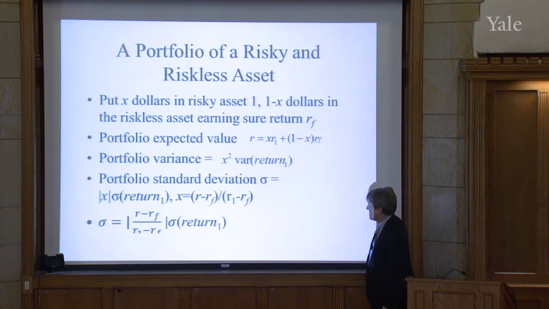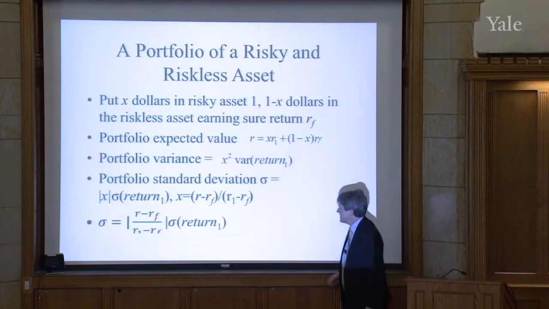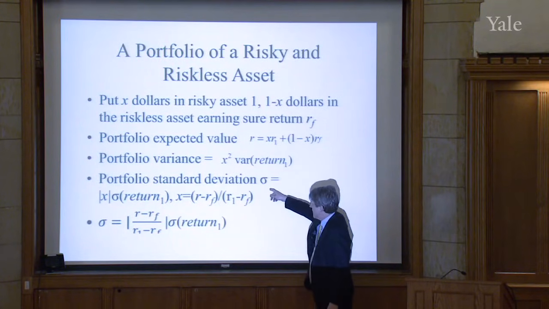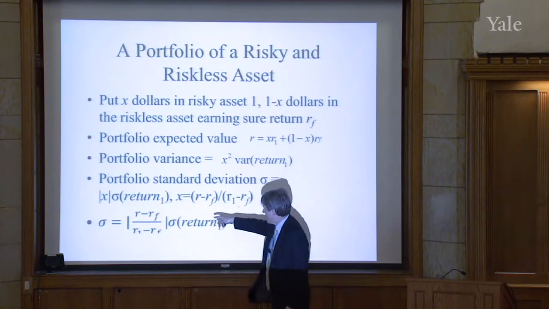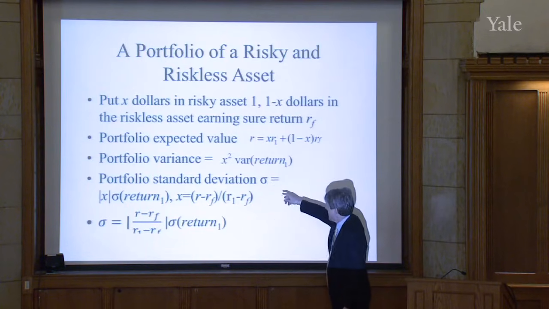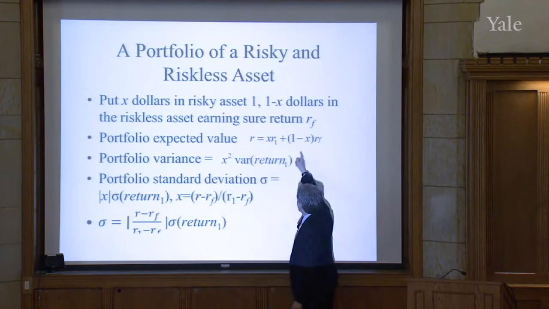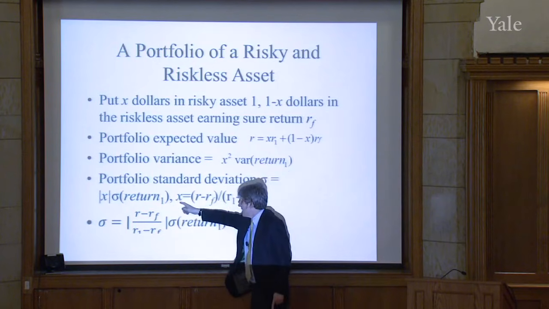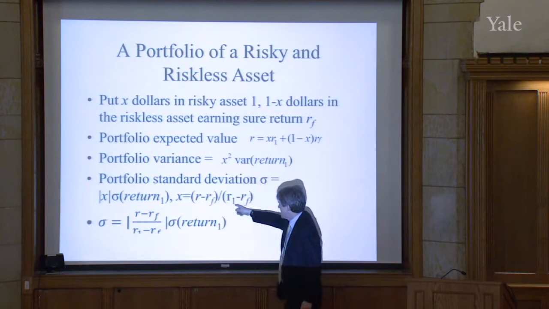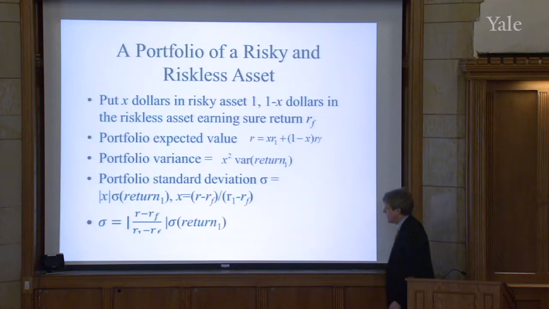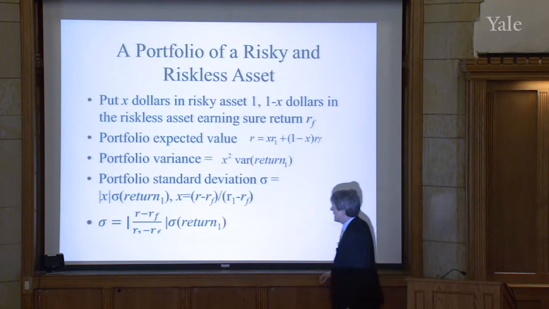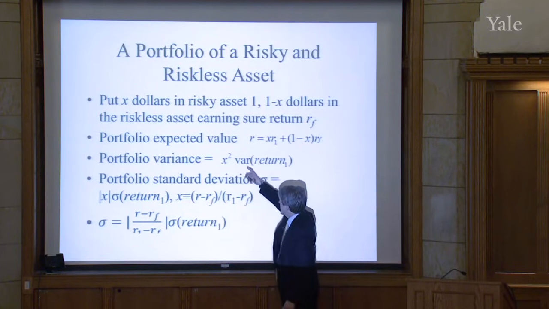And so if I want to write the portfolio standard deviation as a function of the expected return, I take the equation for R and solve for X in terms of R. So X equals R minus RF all over R1 minus RF. And then I substitute that into the variance equation.